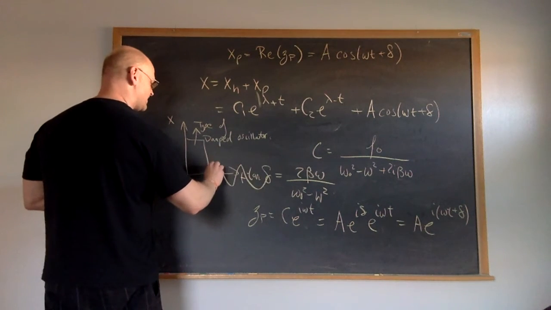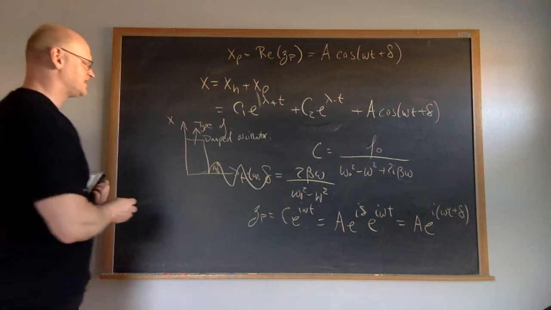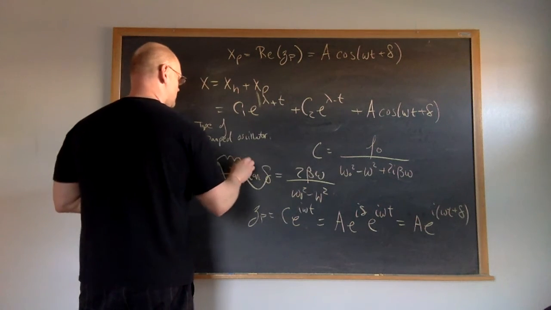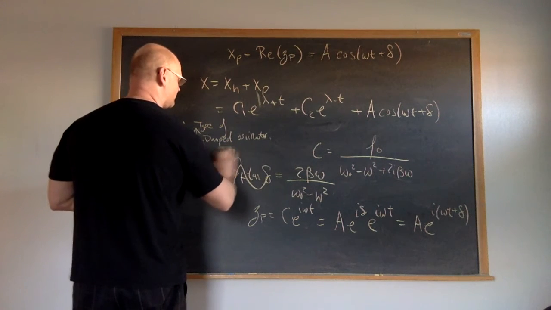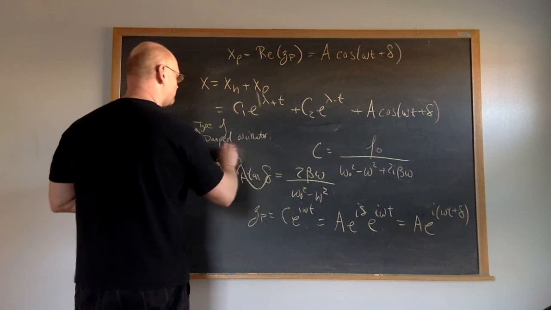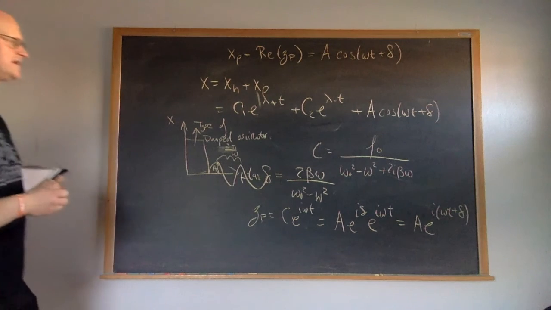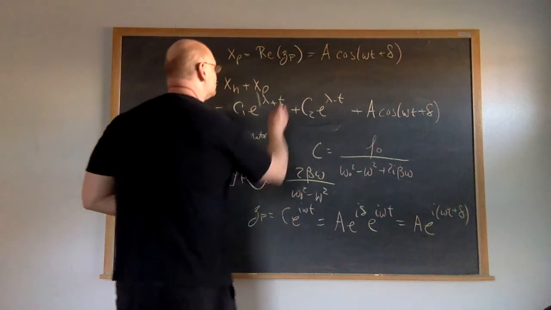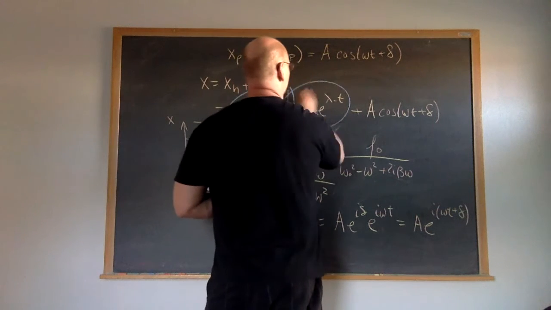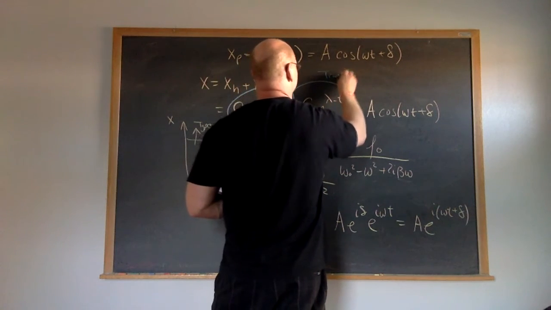The amplitude of this thing is simply A, and it is going to be oscillating with a period determined by 2 pi divided by the driving frequency. So these terms here are what are called transient terms.